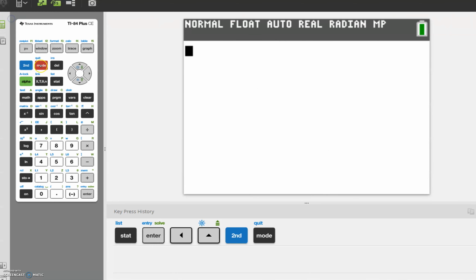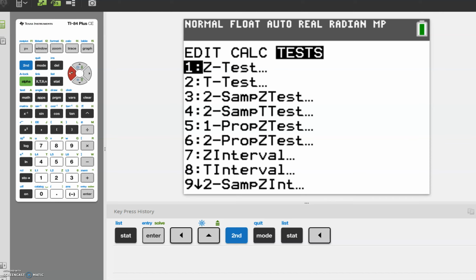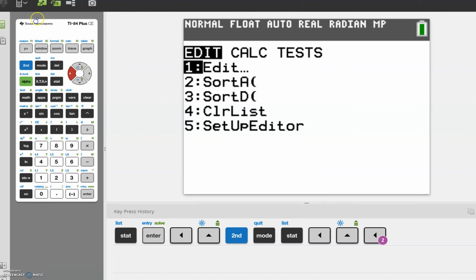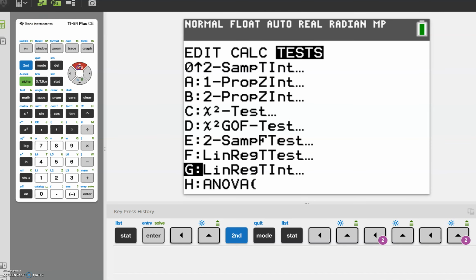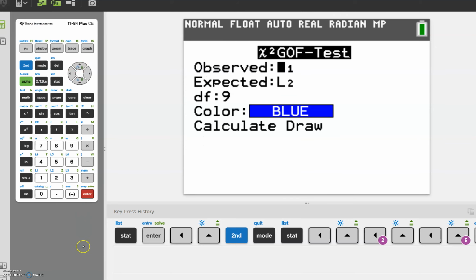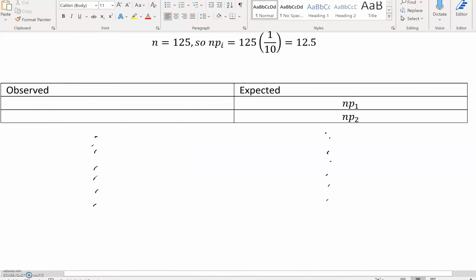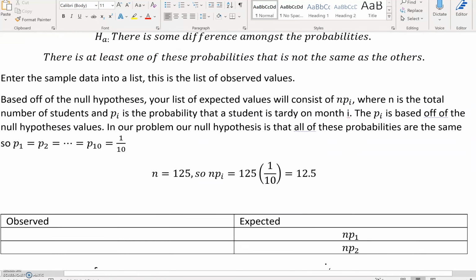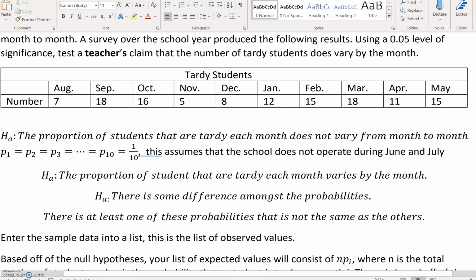Now what? I'm going to hit stat, go to tests, go to chi-square goodness of fit test. Enter in your observed list, your expected list. You need to enter in the degrees of freedom. Going back to our problem, there are 10 months to choose from. That's the number of categories, k.